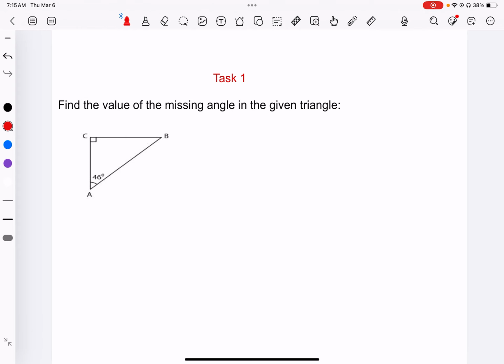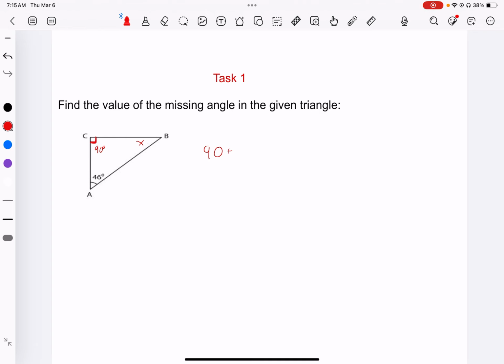Find the missing angle in this triangle. Here I'm looking for angle B, so I'm going to label it with the variable. I have one angle of 46, but no angle measure for C. But since I have that box there, I know that's a right angle, so it would be 90 degrees.